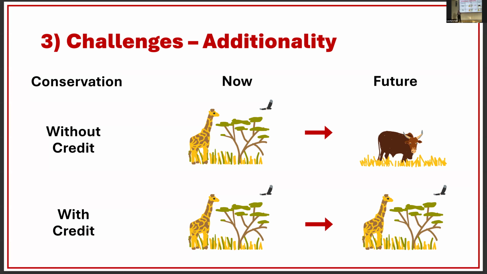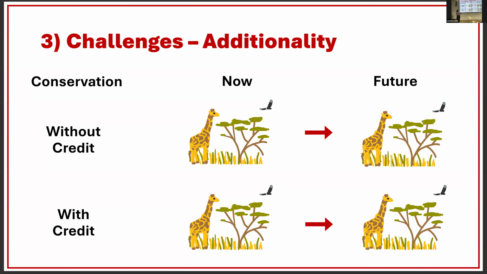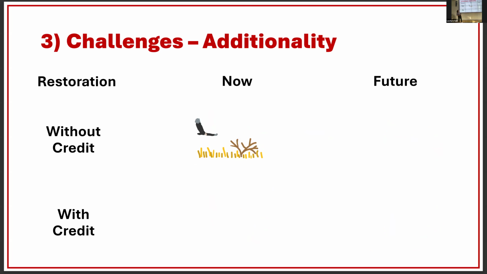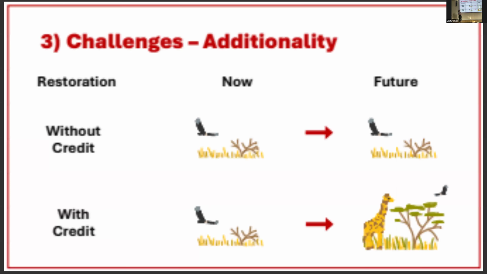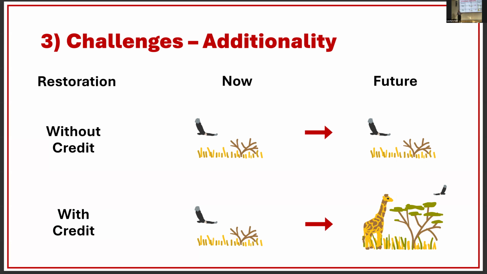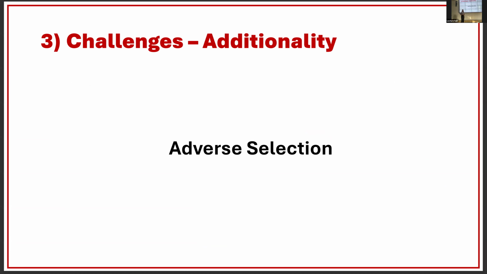And if without the credit, it was still going to be a savanna, then why did we bother investing money? Same deal for restoration. We need to expect that without the credit, our savanna would have stayed degraded, but with the credit, we've produced a nice savanna.